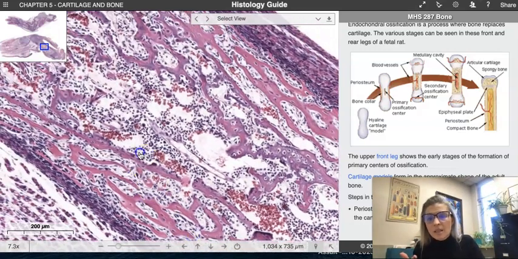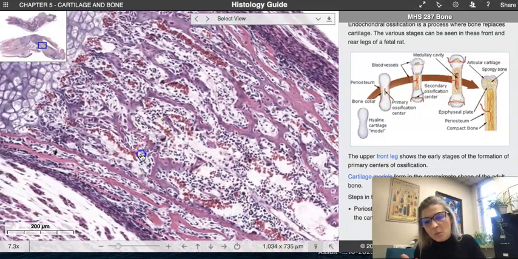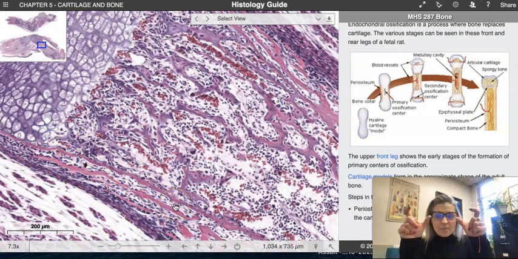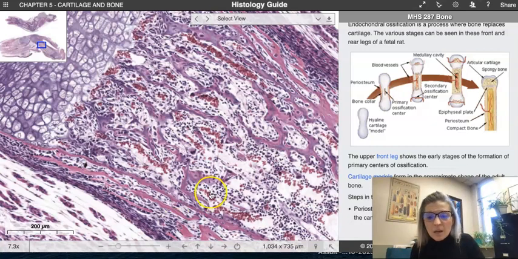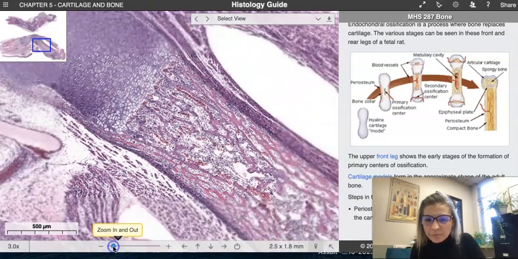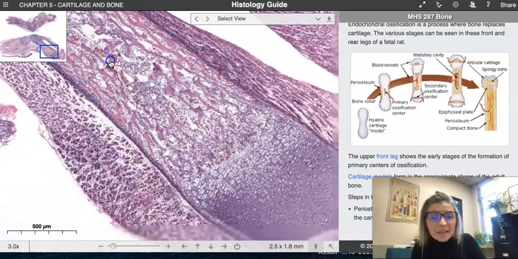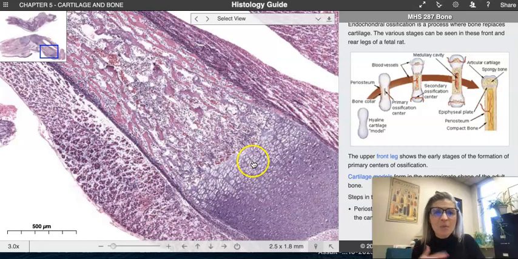And what you will see, and maybe on your slide you will have this, is that within this region here, it's going to start to thicken up and become really dense, and it's going to continue all the way down that hollowed out cylinder that will become the diaphysis of your bone. And again, if I zoom out, we could do the exact same process on the other side, because we have two epiphyses, two growth plates on these long bones.